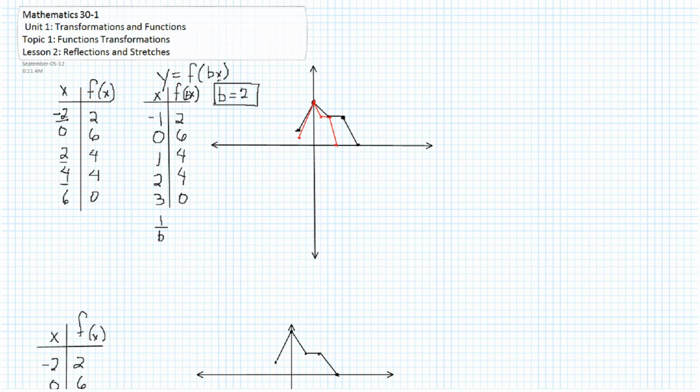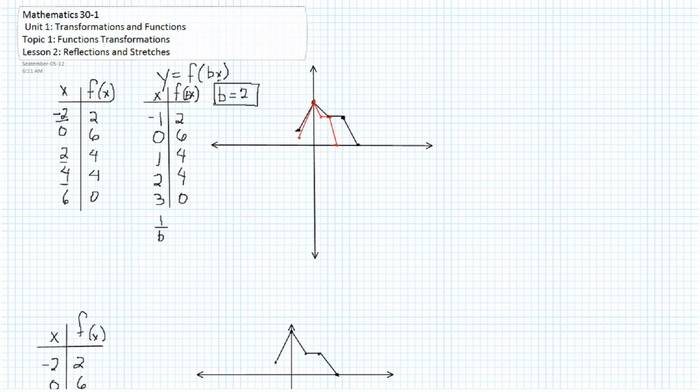So we can see that we've done our horizontal stretch, and when we have a factor of 2, our graph is actually stretched by a factor of 1/2.